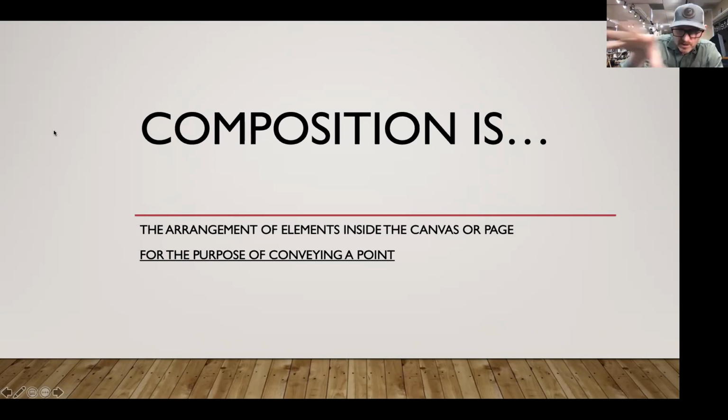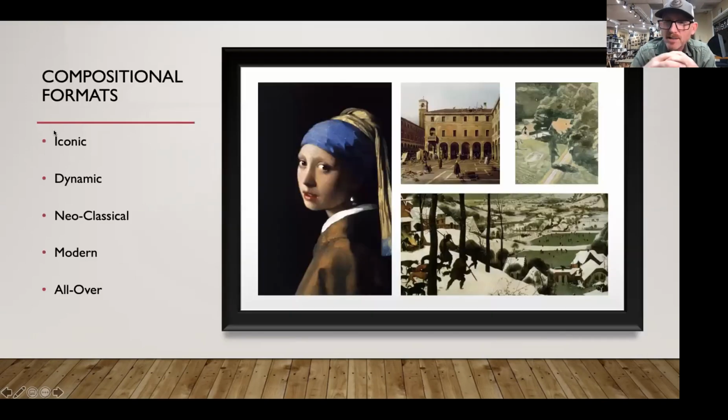Now, as I mentioned, this is what the point of composition is, but composition is still very robust. As a topic, composition is massive. It's one of the toughest parts that I find to convey as a teacher. So what I've done over my decades of teaching is I've looked through the vastness of art history and tried to distill out 5 major compositional formats.